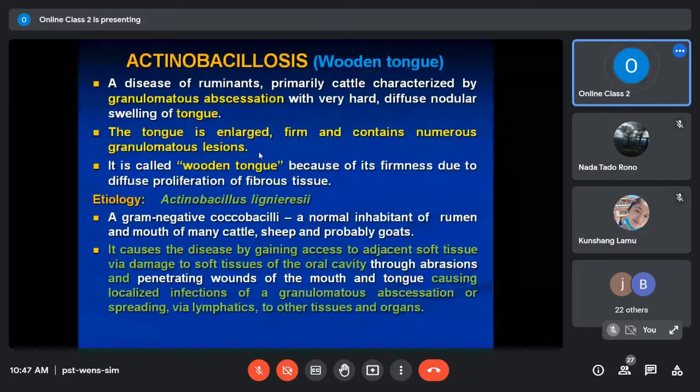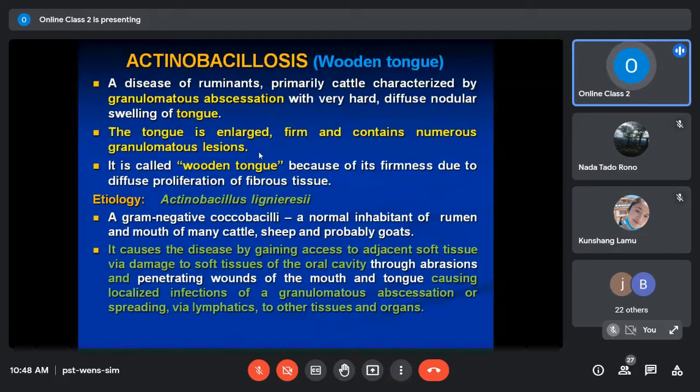This happens when the animals have penetrating wounds or traumatic injuries, for example while feeding on rough fodder like straw, which may cause abrasions or penetrating wounds on the mouth mucous membrane and the tongue. So the organism gains entry through the injured part or abrasion.